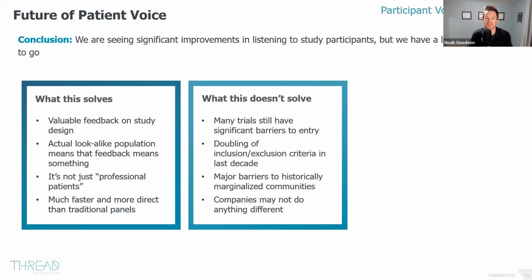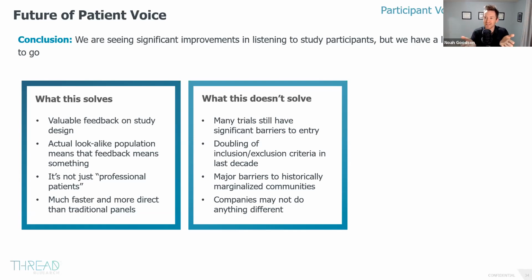What this doesn't solve is that a lot of trials still have huge barriers, right? If you have to come off your medication, as we saw from the graph with Paul, listening to someone say that sucks is not going to change that about a study. And there are a lot of pieces that make it difficult, like the doubling of inclusion and exclusion criteria in the last decade.